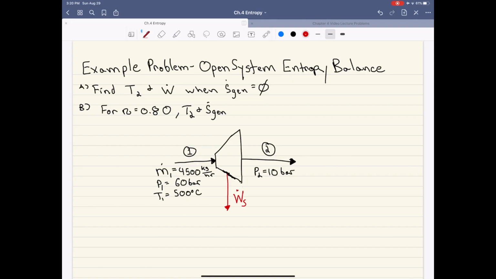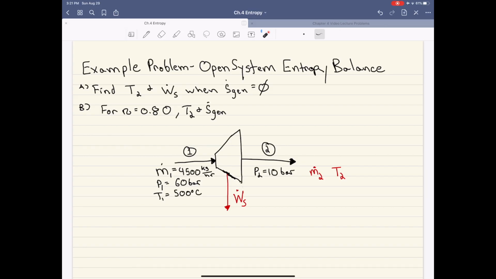For the outlet steam, we technically don't know the mass flow rate, though that'll be pretty easy to figure out. But more importantly, we don't know the temperature of that outlet steam. In part A, for the case where the entropy generated as the steam passes through the turbine is equal to 0, we want to figure out the temperature and also the shaft work.